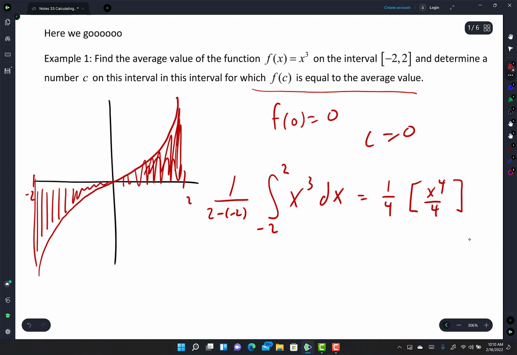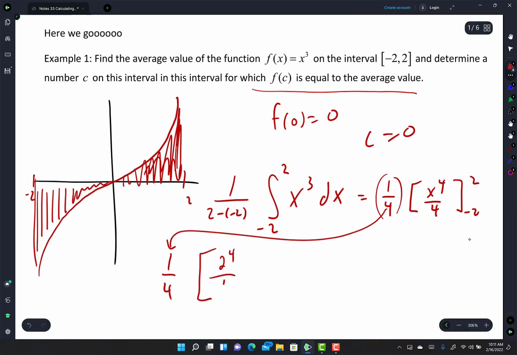I'm evaluating that from -2 to 2. Here's my 1/4. And then I put a giant bracket. And I'm going to put 2 to the 4th over 4 minus, parenthesis, -2 to the 4th over 4. Let's see. Do I get a 0 in there?